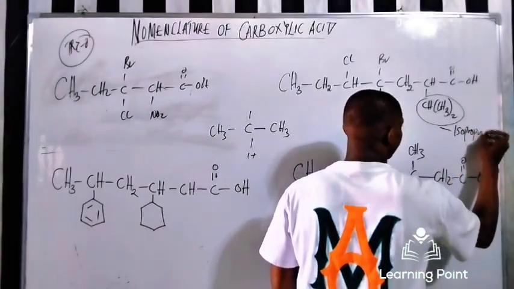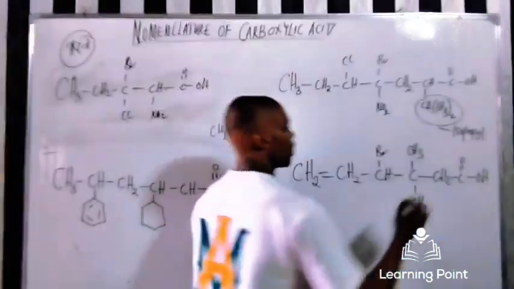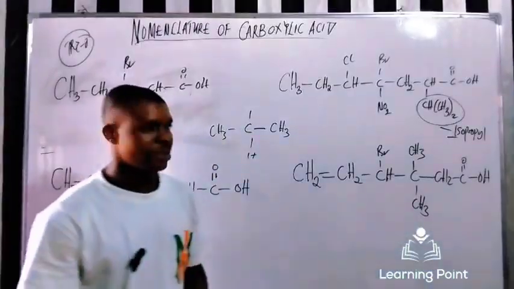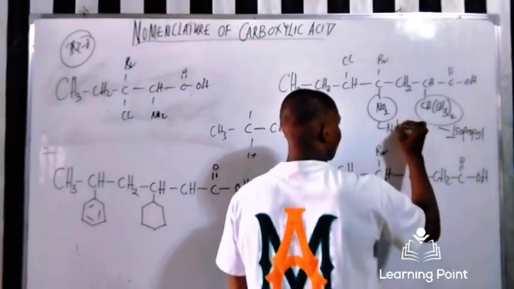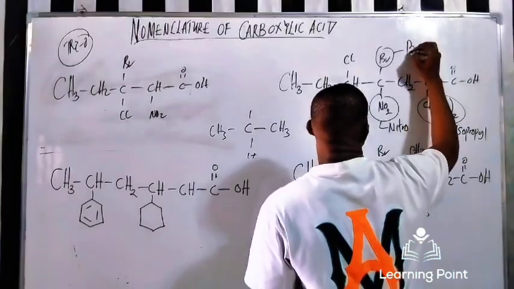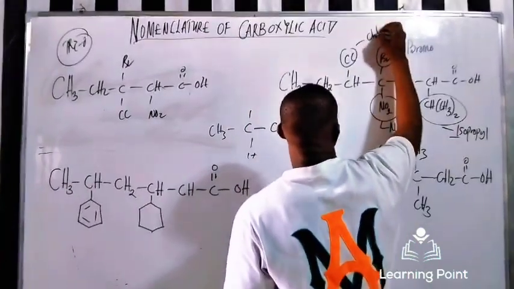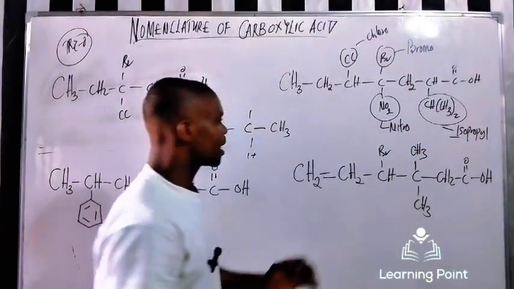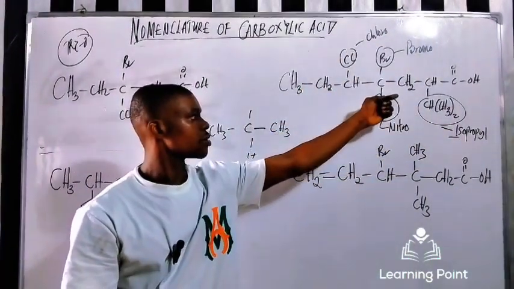In isopropyl, you don't use P, you use I in your alphabetical order. Now here we have nitro, here we have bromo, and here we have chloro. There are things you need to take note of when you are naming these compounds.